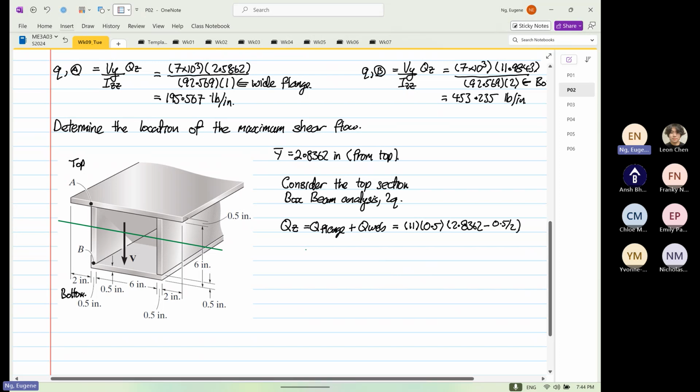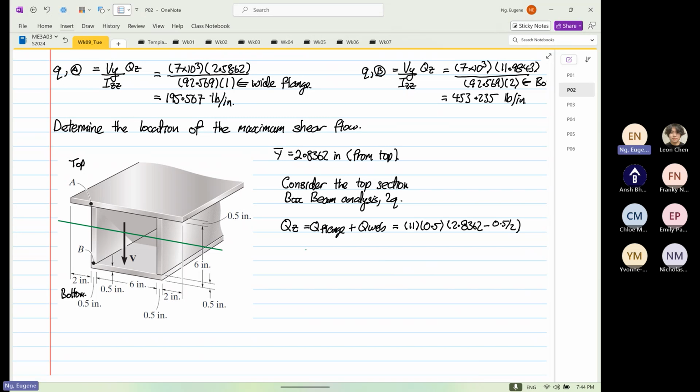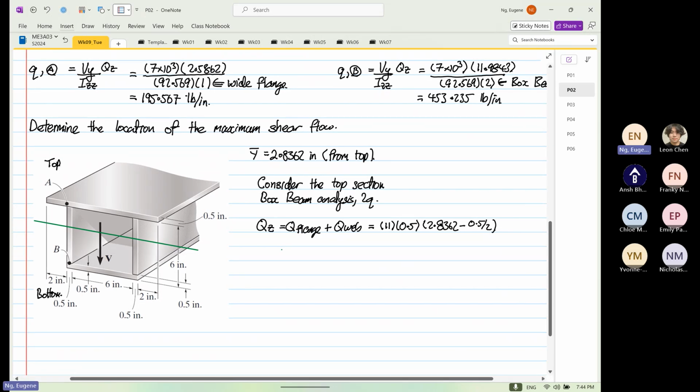So this is for the flange. Okay, so let me check again. 6, 2 plus 2, 4, 10, 0.5 per side, 11. So that is 0.5, 2.8362 is the geometric centroid. The individual section centroid is minus 0.5 divided by 2. I think we are good.